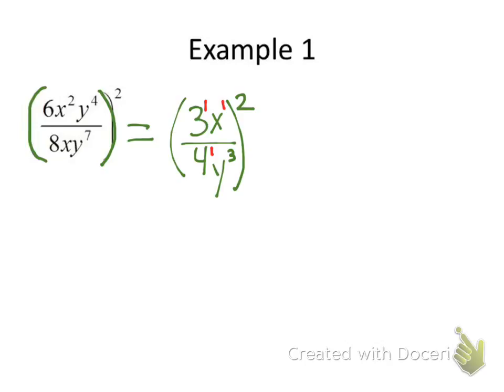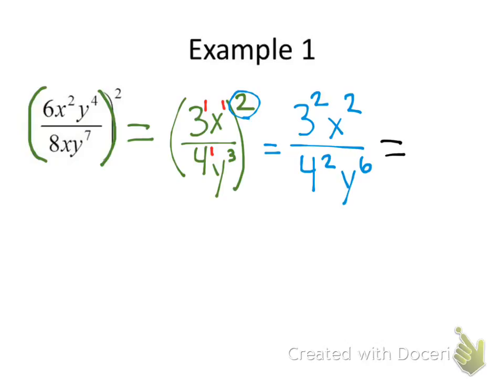So once you give everything an exponent, multiply all those exponents by this 2. So this is going to be 3 squared x squared over 4 squared y to the 6th. Any questions at the moment?